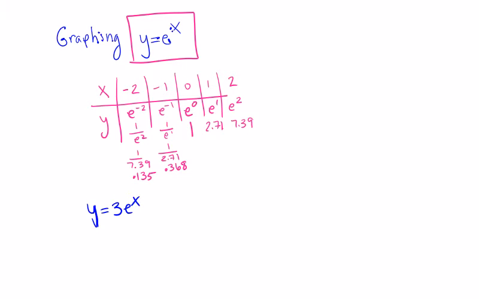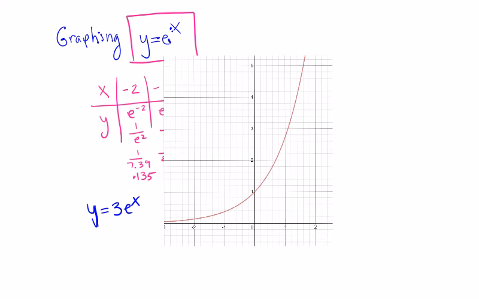So now we're going to go ahead and take a look at this graph. So I graphed it using Desmos. So the graph using Desmos is this graph right here.